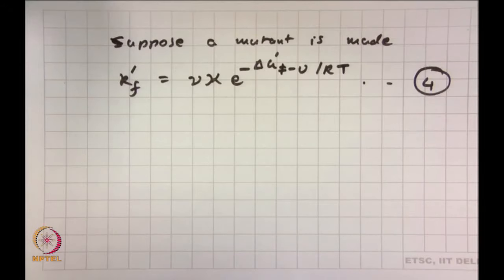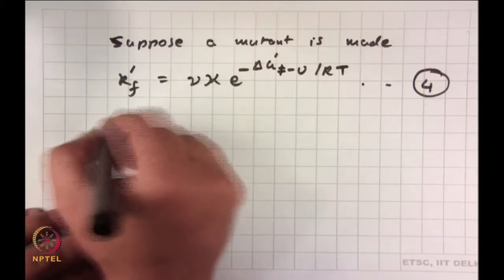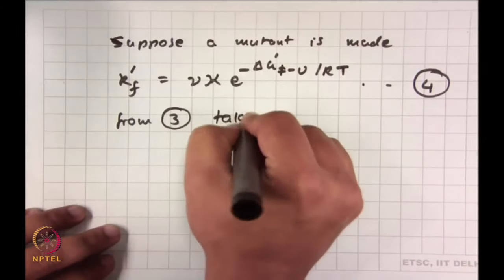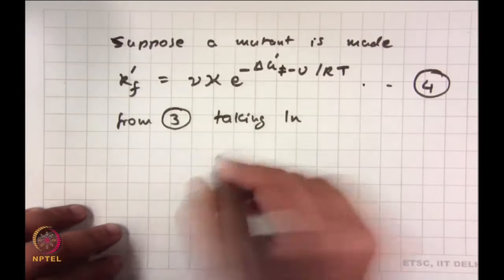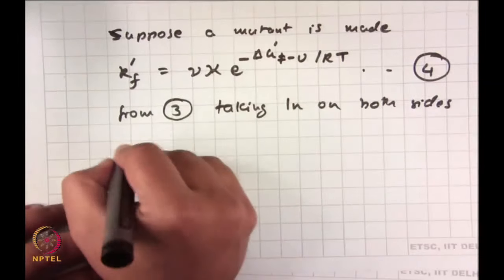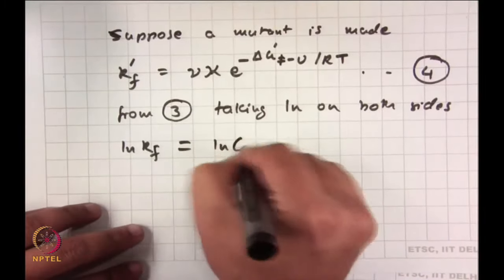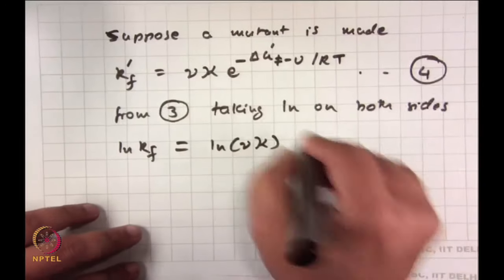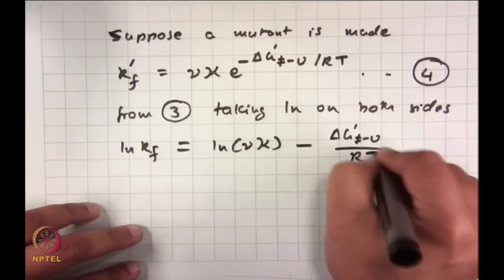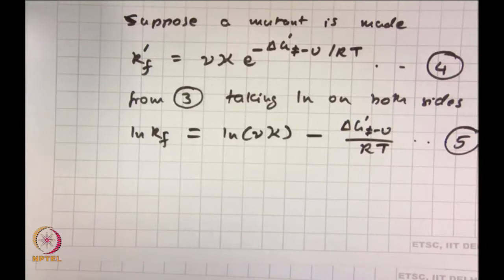Okay. Now, what do we make use of these equations? From 3, taking natural log on both sides, we can write natural log k f is equal to nu times kappa minus delta G u over R T. So, this would be say 5, simple, right.